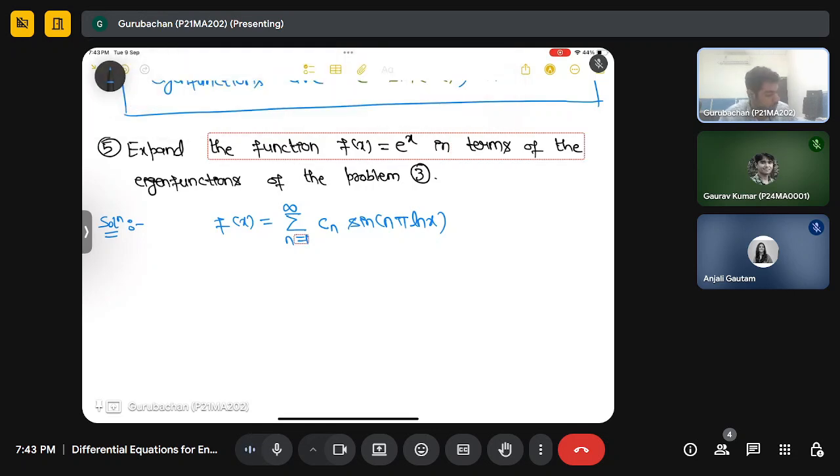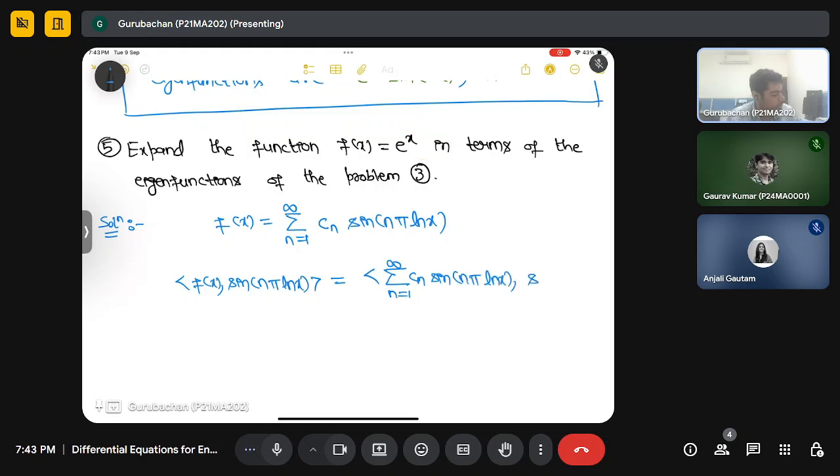Cn can be found by taking the inner product of f(x) with sin(n pi ln x), and this will be the inner product of the series Cn sin(n pi ln x) with sin(n pi ln x).